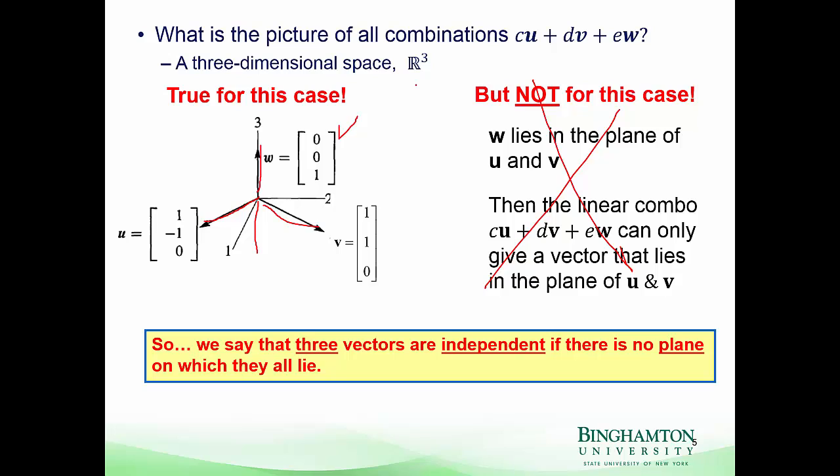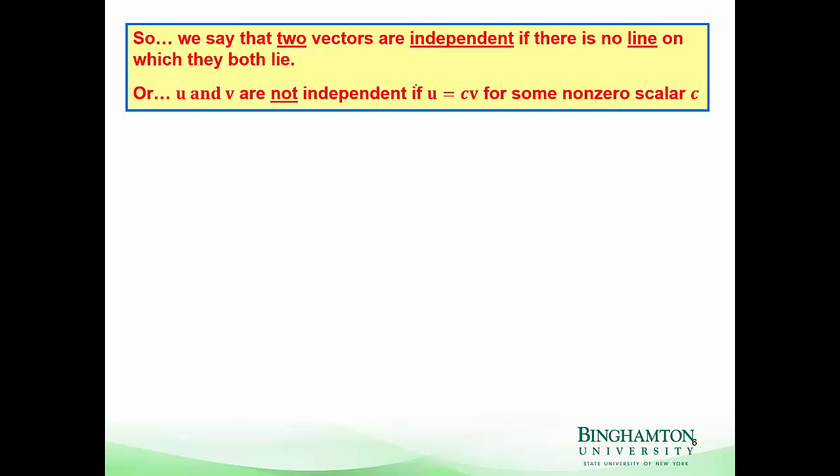So now we say that three vectors are independent if there is no plane on which they all lie. Okay, so that's pretty straightforward. So we say two vectors are independent if there's no line on which they both lie. Another way to say that, going back and revisiting this, we can say that u and v are not independent if u is equal to some constant times v.